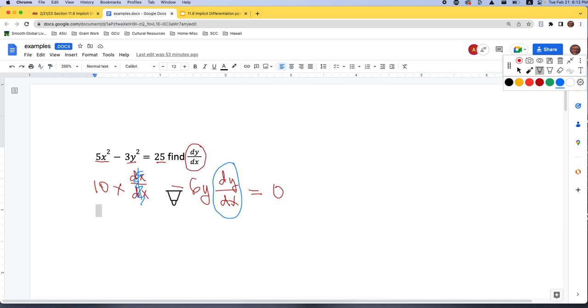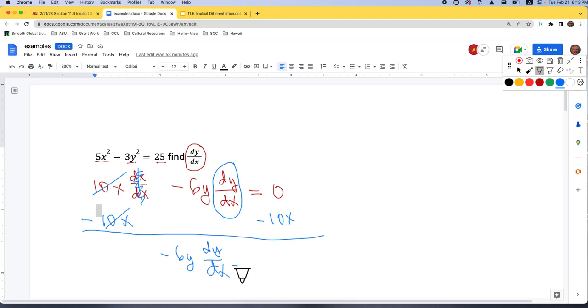So what can I do now to get dy dx by itself? Subtract 10x from both sides, right? Just algebra stuff. So positive 10x minus 10x cancels. Negative 6y dy dx equals negative 10x.